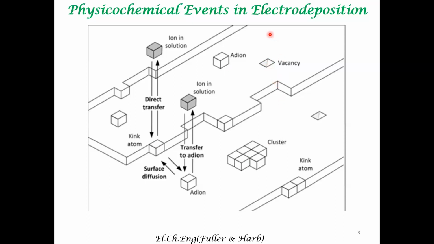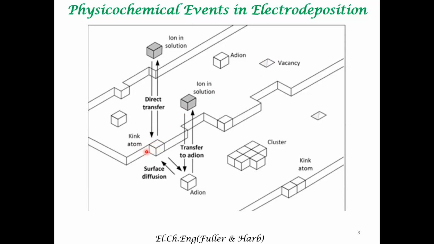However, unlike this process, when an atom gets added to the kink site, a new kink site is generated. It is not that the kink site is exhausted. Unlike a vacancy site, which is quenched when an atom is added, here an atom added to the kink site generates a new kink site.